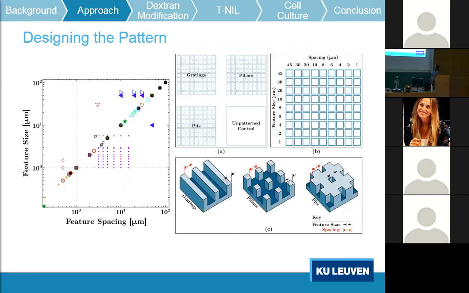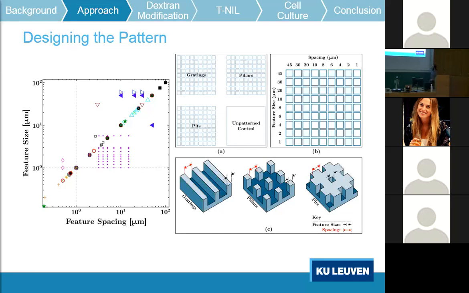The first is that the vast majority of research is done with topographical patterns that have equal feature size and equal spacing, which is not necessarily a bad thing, but also that there's a very large combination of sizes and spacing that haven't been examined that could have an important influence on cell surface behavior.